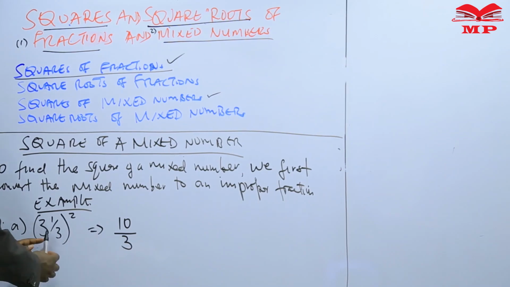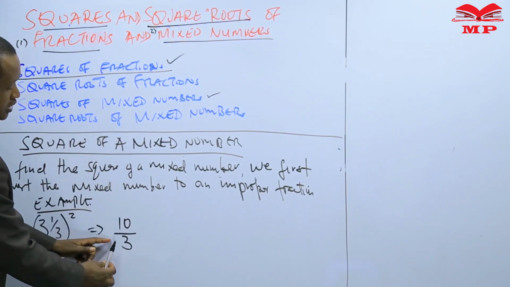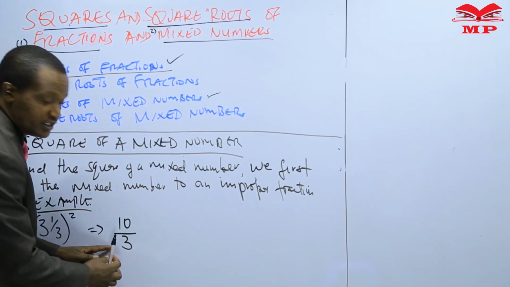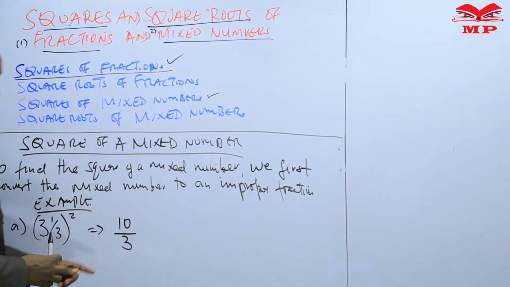Okay, first convert the mixed number to an improper fraction. After that, we multiply this improper fraction by itself.